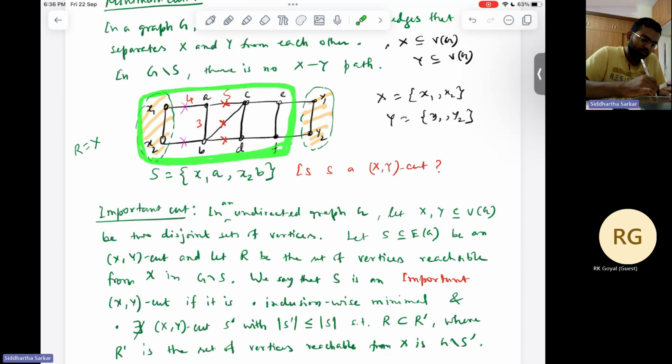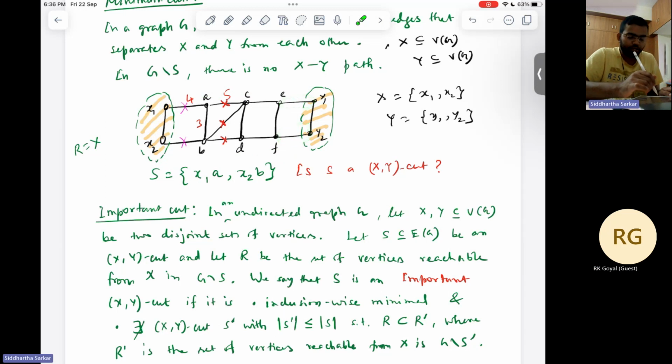So this is R dash, meaning from X1 and X2, all these vertices are reachable, and the edges which are going across R dash, that means these two edges, are in fact the cut edges.